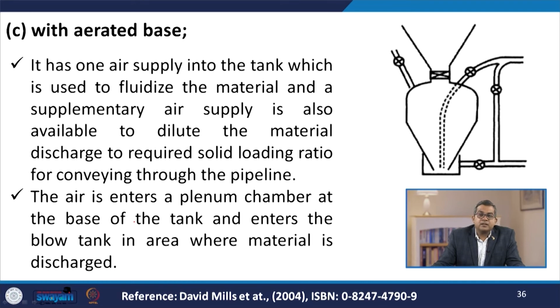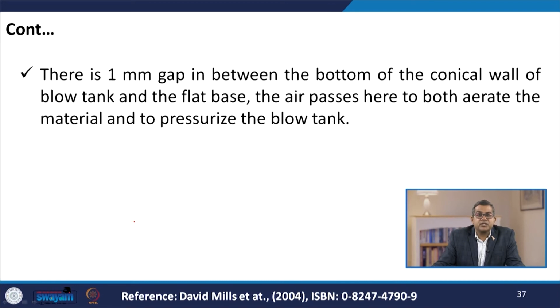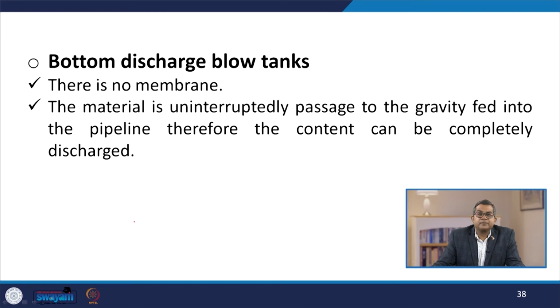The air enters a plenum chamber at the base of the tank and enters the blow tank in the area where material is discharged. Now there is a 1 millimeter gap in between the bottom of the conical wall of the blow tank and the flat base. The air passes here to both aerate the material and to pressurize the blow tank.